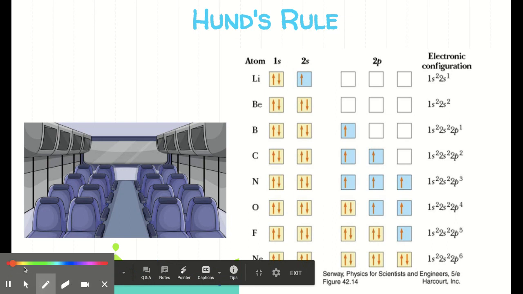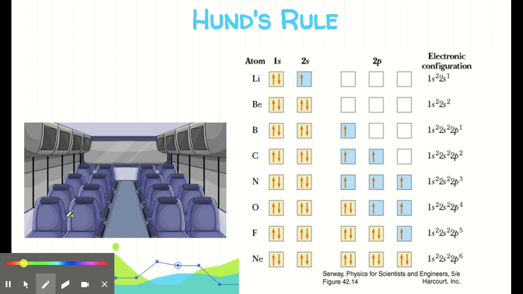So let's say somebody comes in and sits here. If you come in and you're following Aufbau's principle too, so you're lazy, you don't want to go all the way to the back, you want to sit in the front, but you're not just going to get on a bus and sit next to somebody you don't know. So you would choose probably to sit in the front row, but over here. Let's say another person comes on, also lazy, they don't want to walk any further than they have to, so they're going to pick something in the front row.